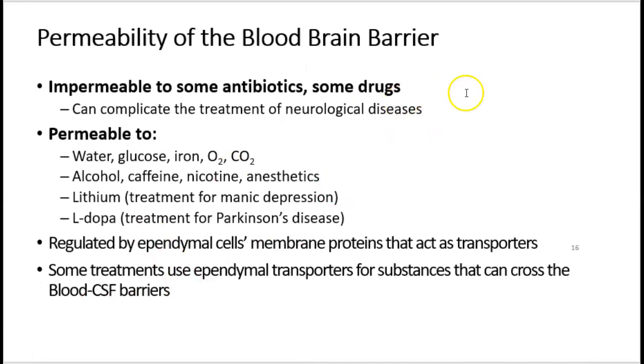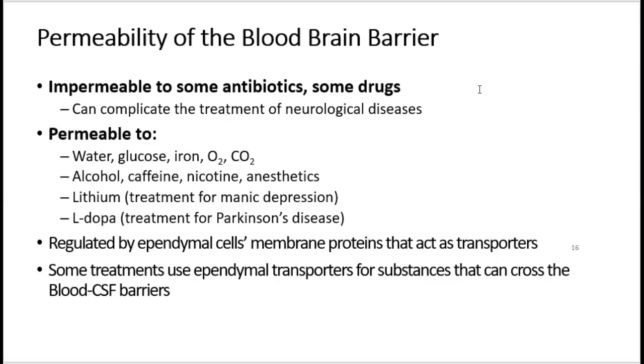So the blood-brain barrier and its three layers are impermeable to some antibiotics, certain drugs, so that can complicate the treatment of neurological diseases. However, it is permeable to water, glucose, iron, oxygen, and carbon dioxide.